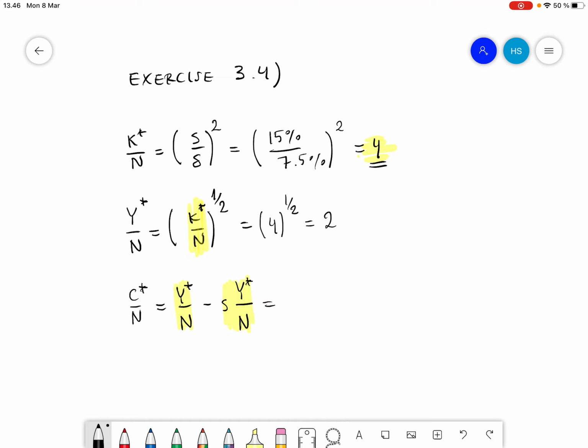So this we can rewrite. I know that the output per worker is equal to 2. I know that the savings rate is equal to 15%. And I multiply by the output per worker. And I get that consumption per worker in steady state is equal to 1.7.